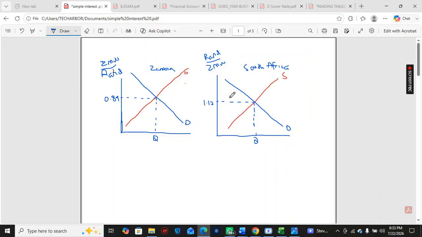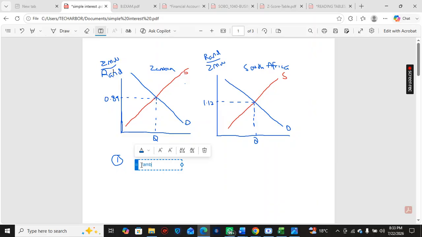So if we look at scenario one, where Zambia is exporting to South Africa. Also on this Zambian graph here, who demands the kwacha?